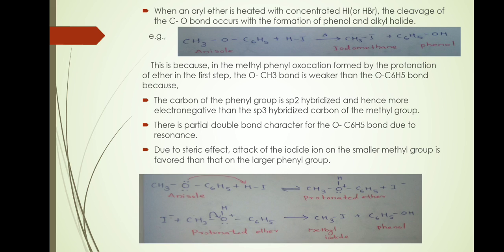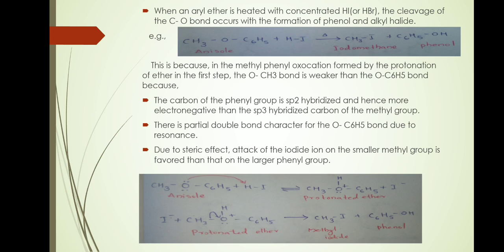And last, due to the steric effect, the attack of the iodide ion on the smaller methyl group is favored over that on the larger phenyl group. In this case, phenol does not react further to give iodobenzene because the sp2 hybridized carbon of phenol cannot undergo the nucleophilic substitution reaction needed for conversion to the iodide.